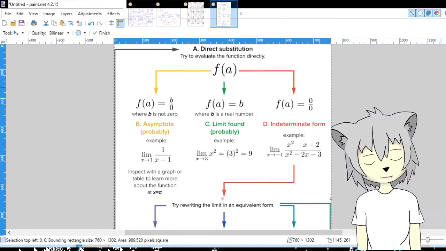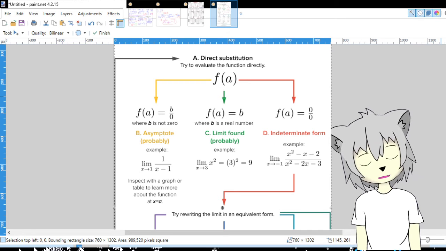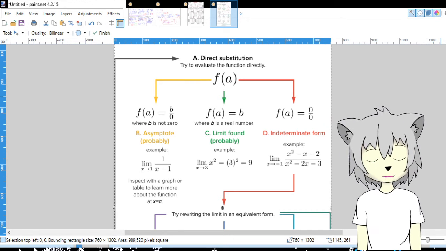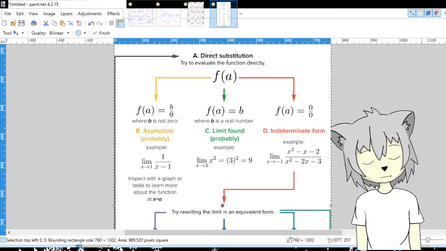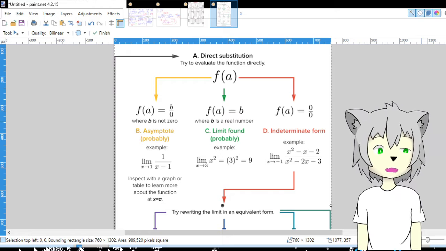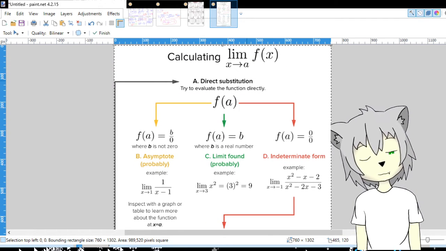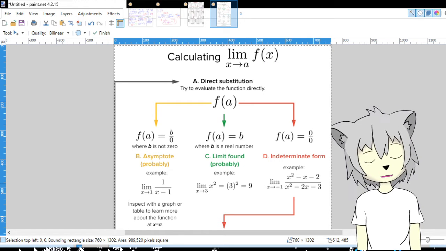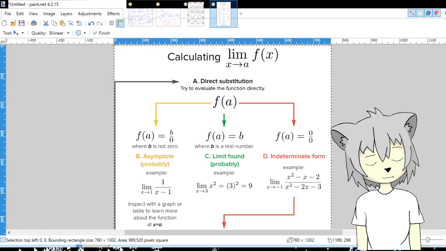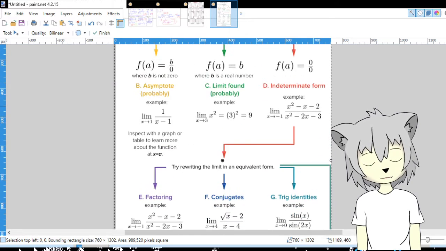But like I said, you basically plug in the value the limit's approaching, and if you get an asymptote, you don't have a limit. The limit doesn't exist.